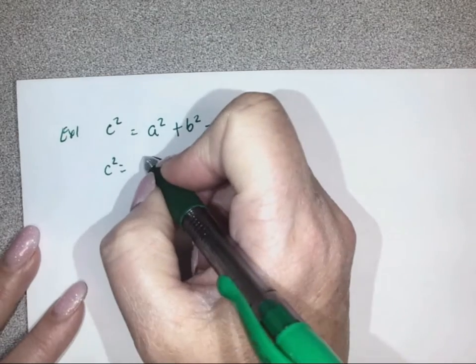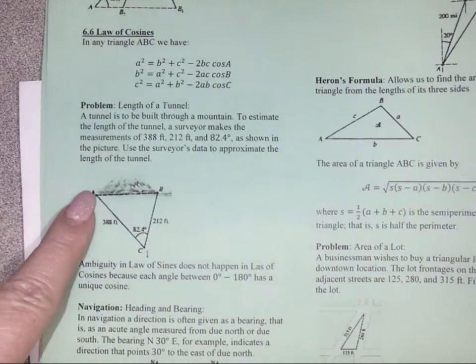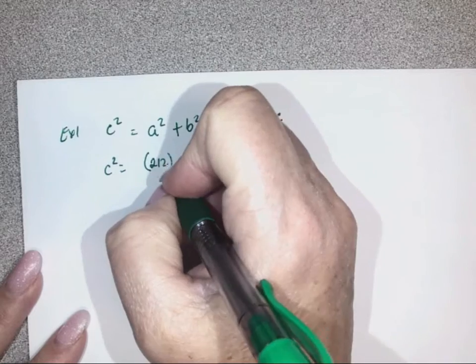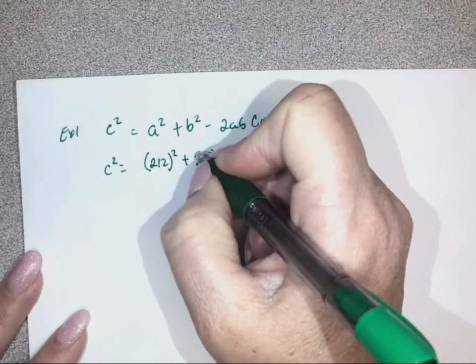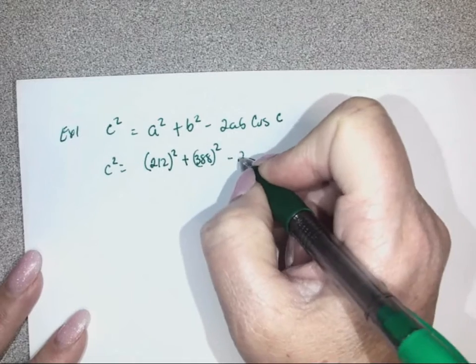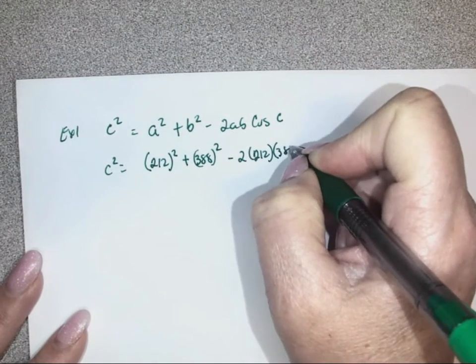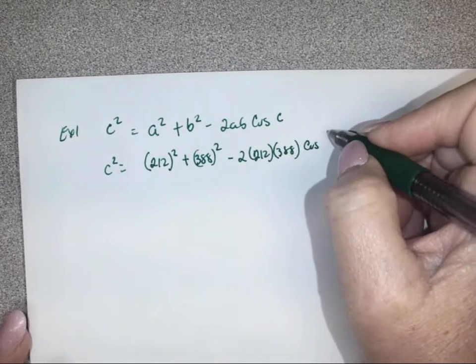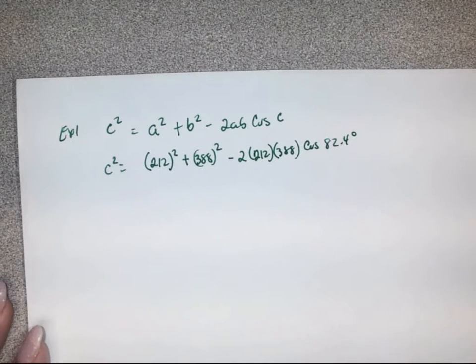So c squared is equal to our a, across from a, is going to be 212, so 212 squared. Our b was 388 squared. So minus 2 times our a times our b times the cosine of the angle that we were given, angle C, which is 82.4 degrees.